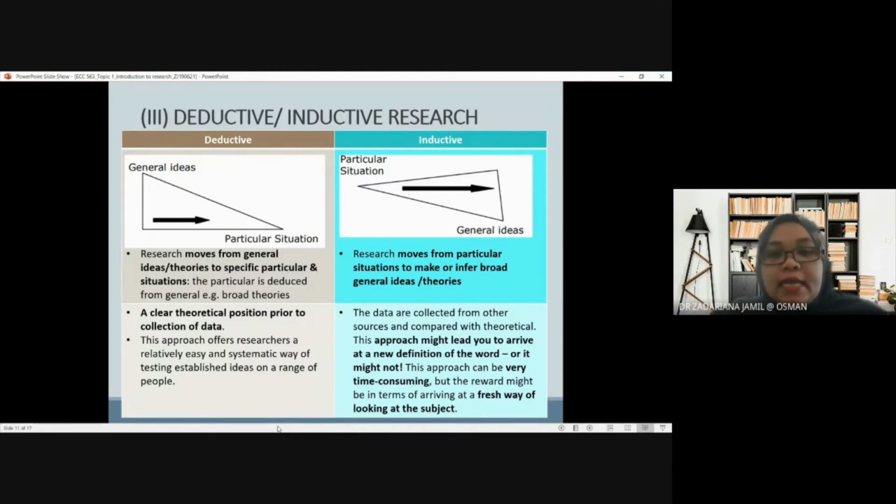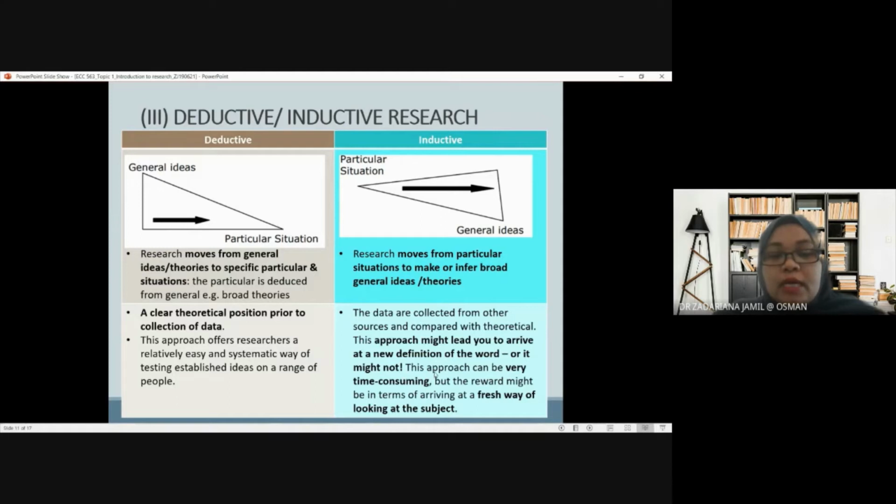Inductive research moves from particular situations to infer broad general ideas or theory. The data that you have from inductive research will be compared with the theoretical data. This approach might lead you to arrive at a new definition of the word, or it might not.